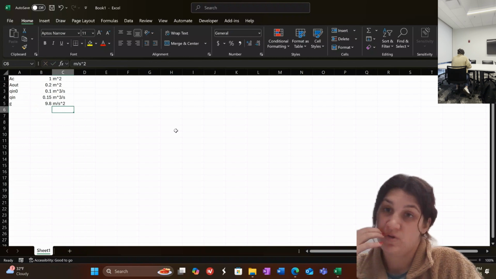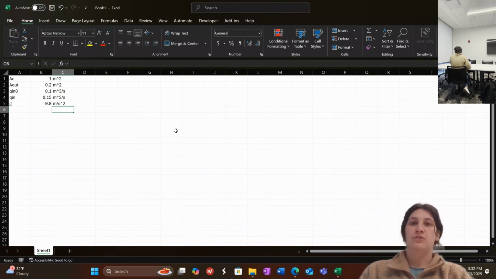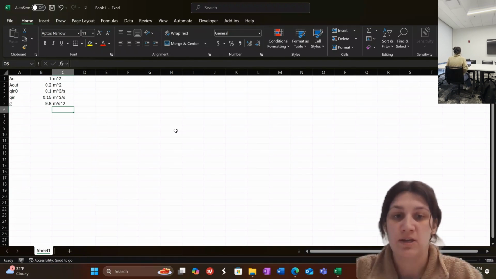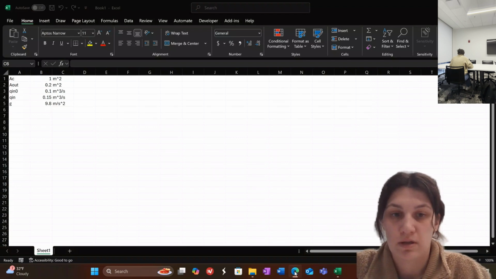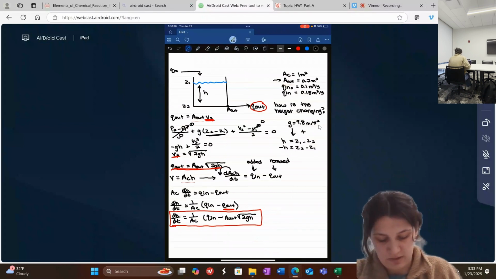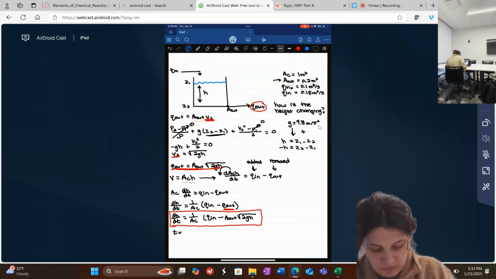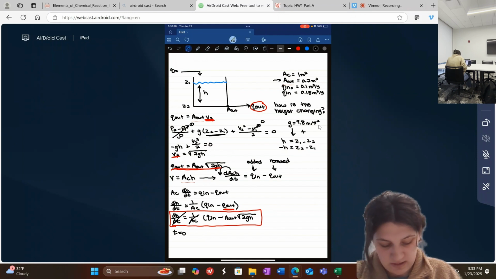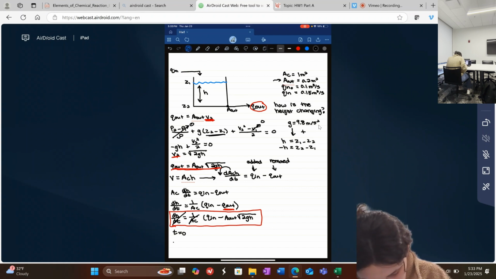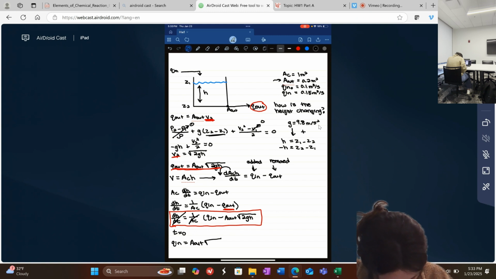squared. Now, to actually solve this differential equation, since it's an initial value problem, we need to have an initial value of H. So we go back maybe over here. We can solve this differential equation for when t is equal to 0. That eliminates these values here. So we can set Q in equal to A out times the square root of 2g H naught.